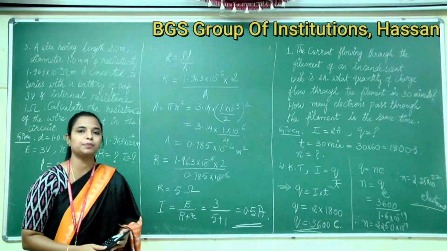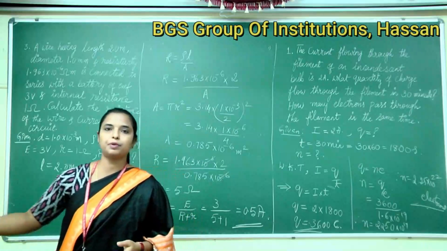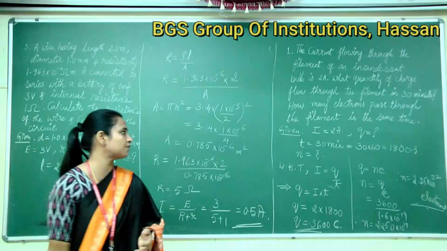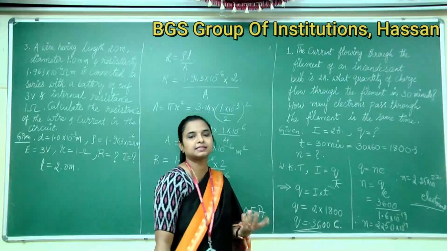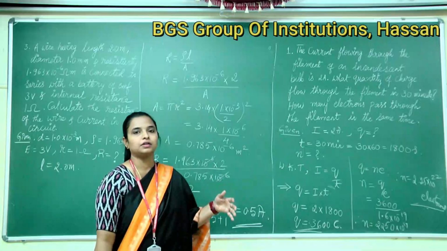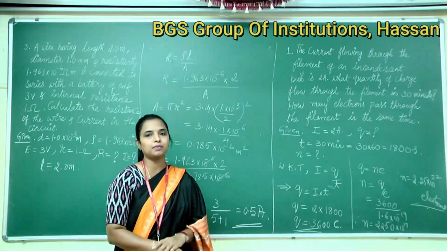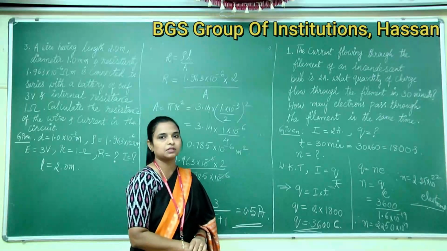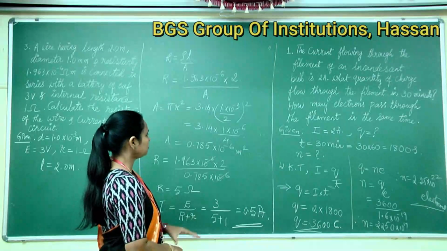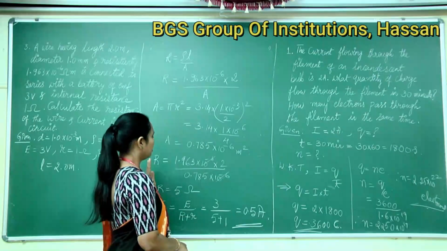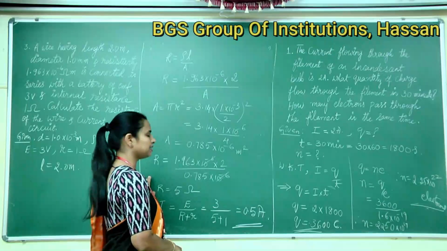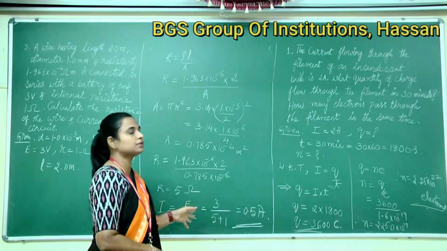So it is a very simple problem, and all the 3 problems which we have solved today are very simple. From the next class we are going to solve some more problems for 5 marks questions. This is the problem which relates to the Ohm's law applied to simple circuit.